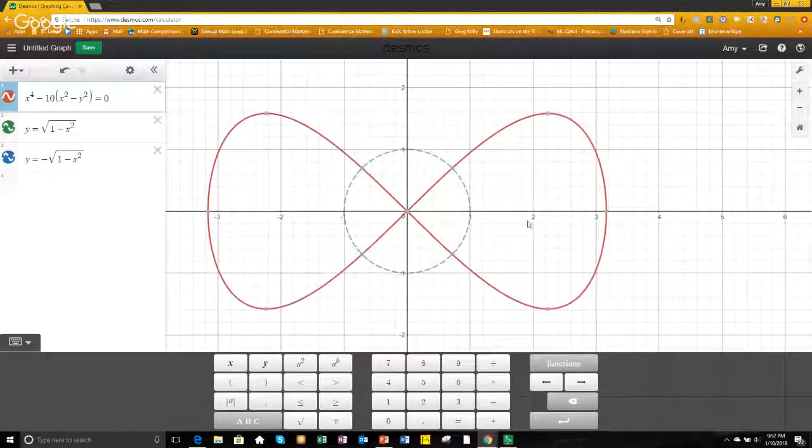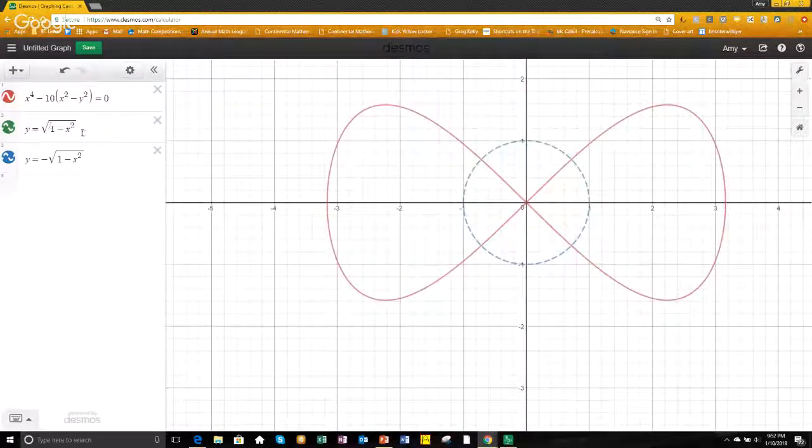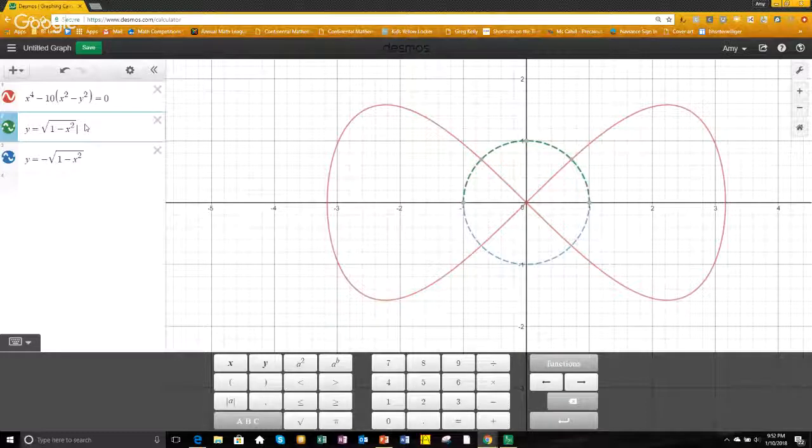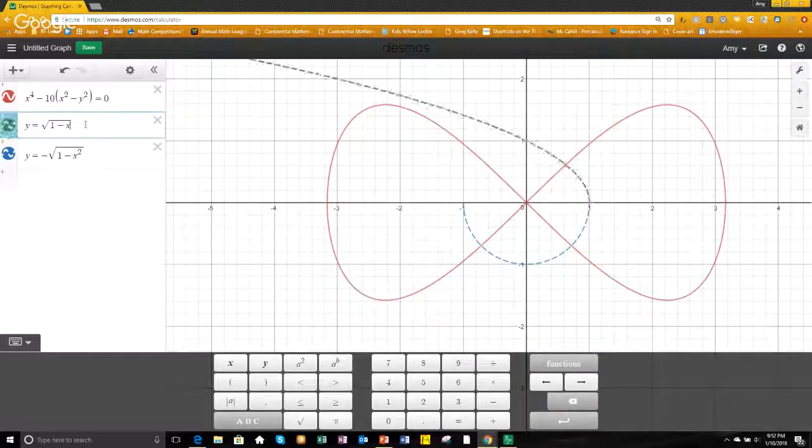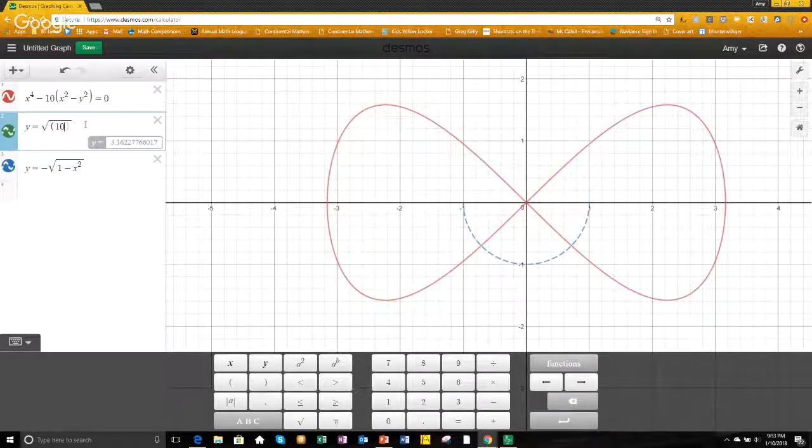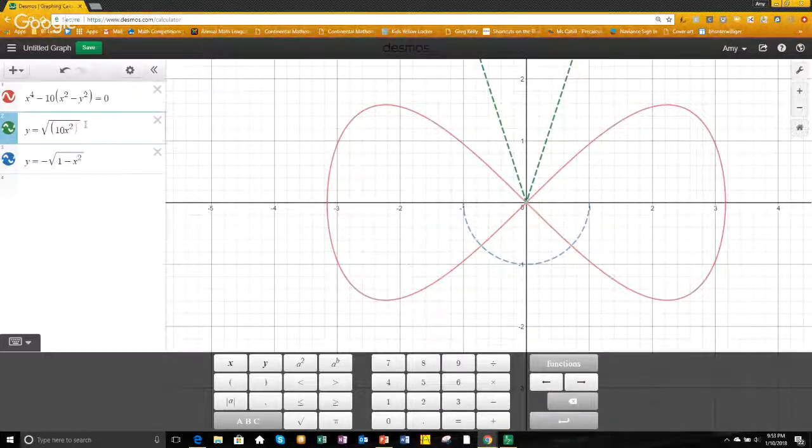A lemniscate is what we are familiar with as an infinity symbol. So lemniscate is a fancy word for our infinity symbol. And then the two implied functions that we found inside that original equation are going to be the square root of, and I'm going to put in the numerator here, 10x to the second minus 10x to the fourth.